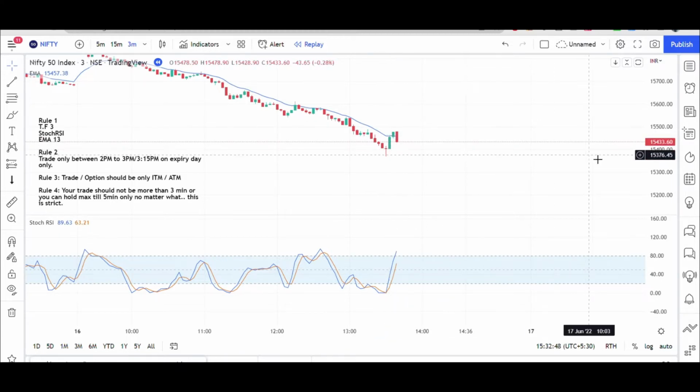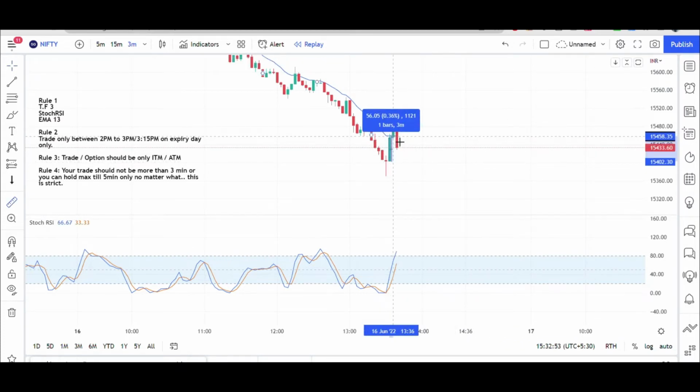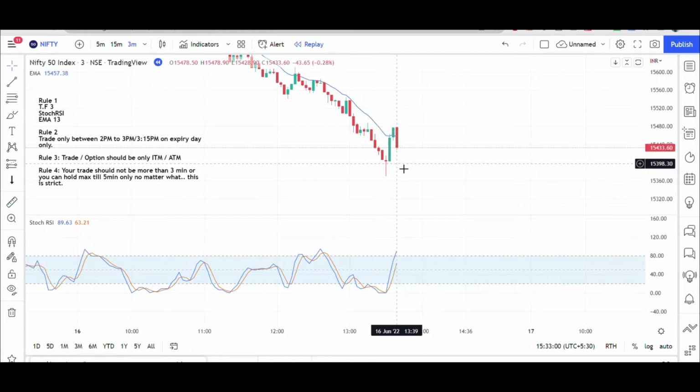So here, even I'm just giving you one example, you are trading on almost a 60 point candle. In options, almost, you can say on the 15,400 call option, you could have easily got 20 points here.